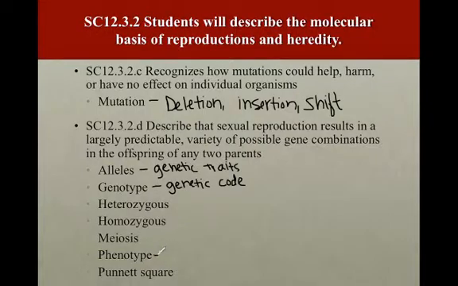Versus phenotype, what you actually see, the physical trait. Wait, so genotype is like little r and big R? Right. And then phenotype is what you would actually see, like brown eyes. Your genotype affects your phenotype.